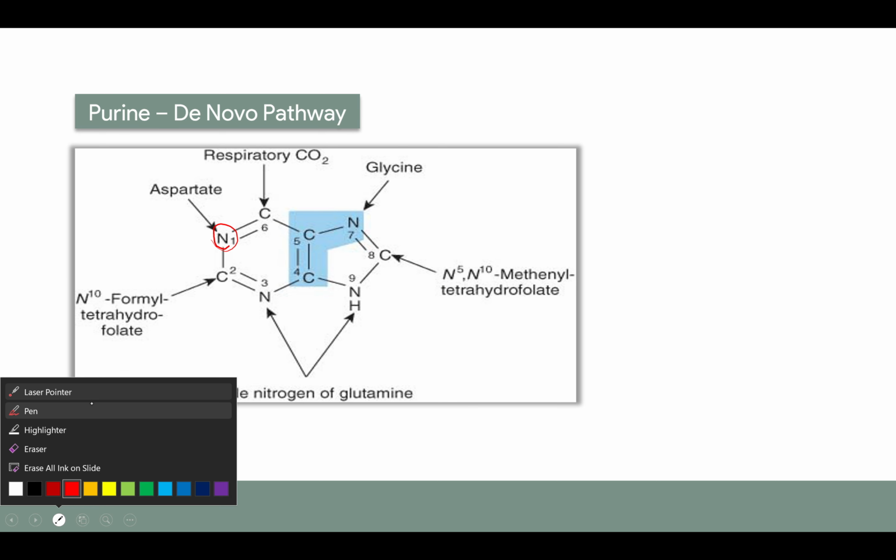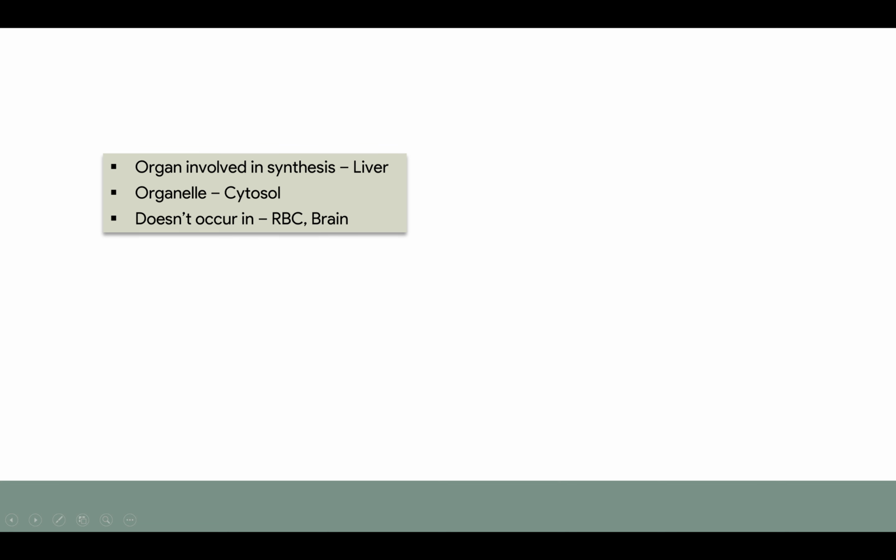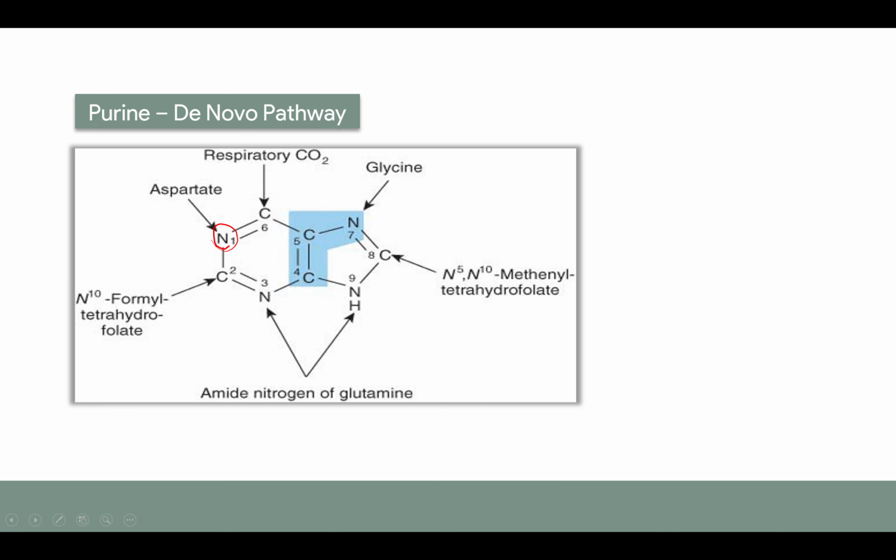So to summarize this, the amino acids involved in the purine molecule are aspartate, glycine, and glutamine. Sometimes you can be asked an MCQ about the amino acid which does not contribute to purine.